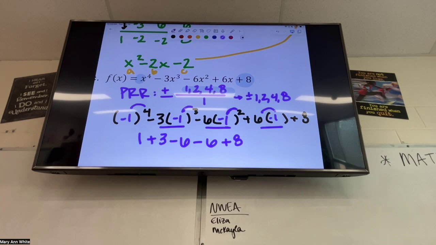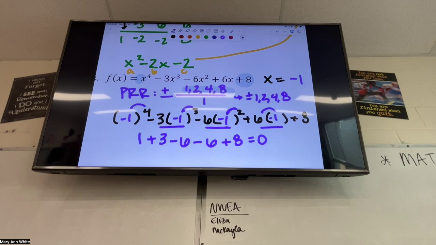Four minus 6 is -2, then +8. That one works. I get 0 out. So that means one of my zeros is already -1.